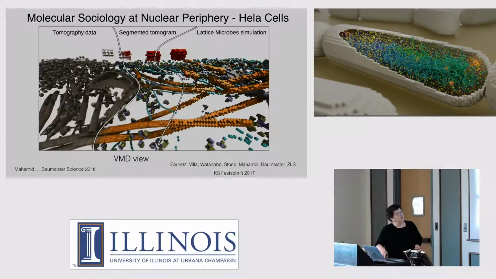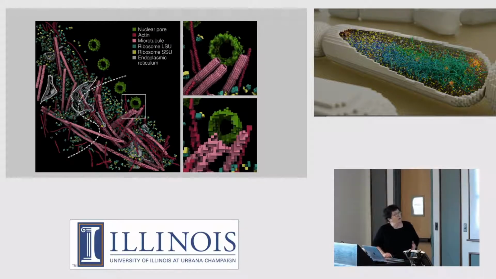And to show it to you even more closely, the top part of this picture is after they've done segmentation and fitting. Thrown in a few more features of the cell, namely the endoplasmic reticulum, and we have some of the actin and the microtubules. And here you see very clearly the nuclear pore complexes.